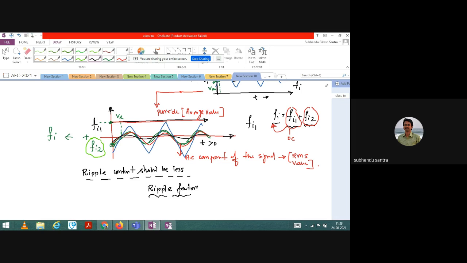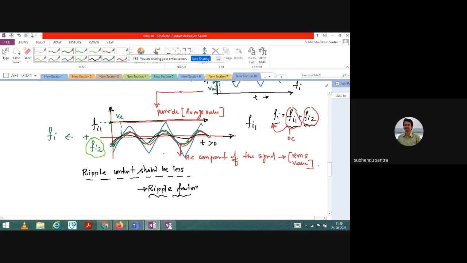If you have a pulsating DC, generally the AC component is present, and because of the AC component you have ripple content. The idea is that the ripple content should be less so that you can have a pure DC. Therefore, ripple factor signifies how much amount of AC component is present inside a DC signal.